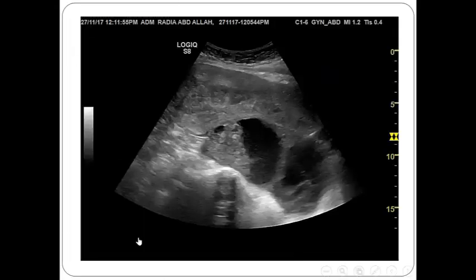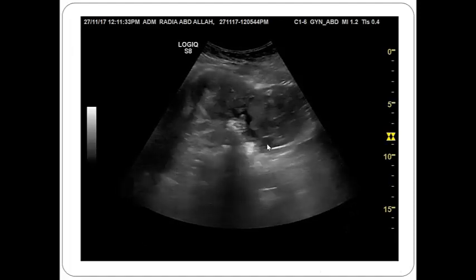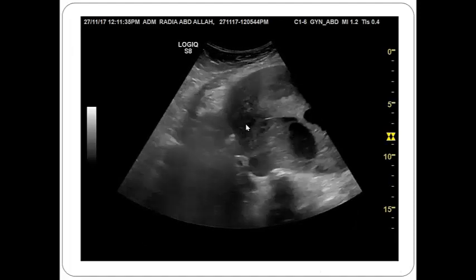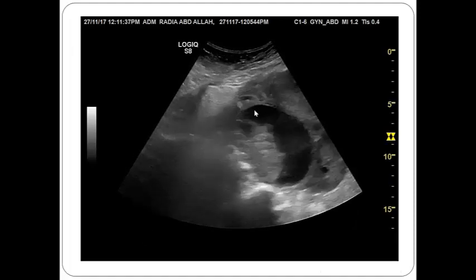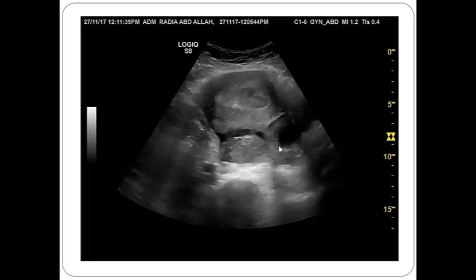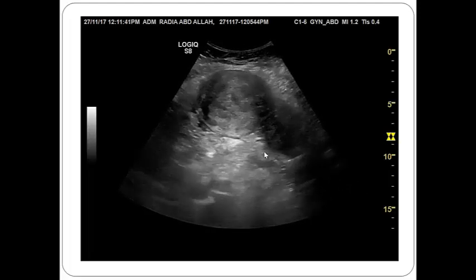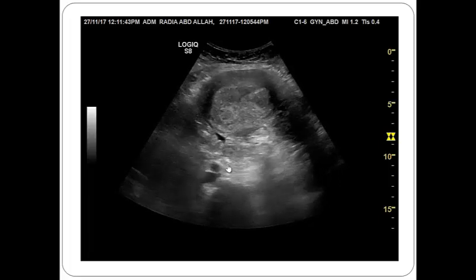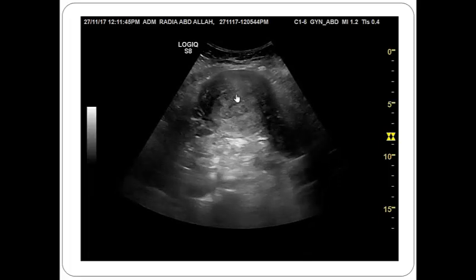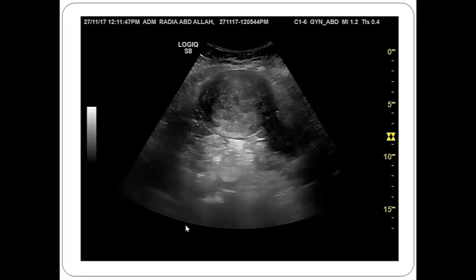And this is the ultrasound picture. Again, here we can see the picture of O-RADS 5, where we can see solid components and cystic components. We see here the heterogeneous endometrium in the uterus.